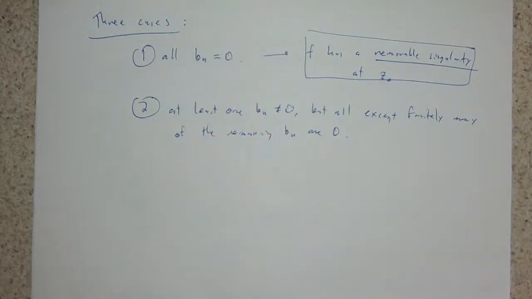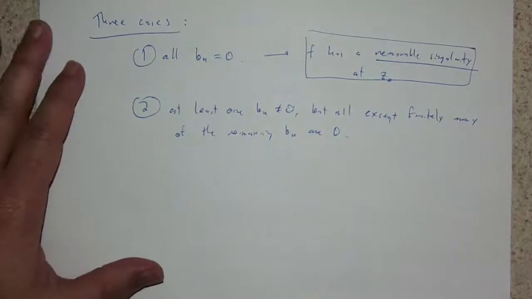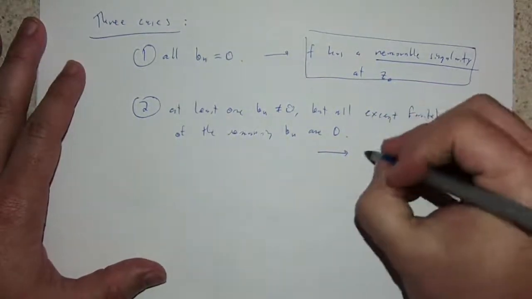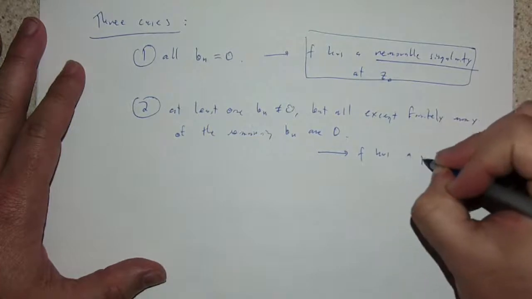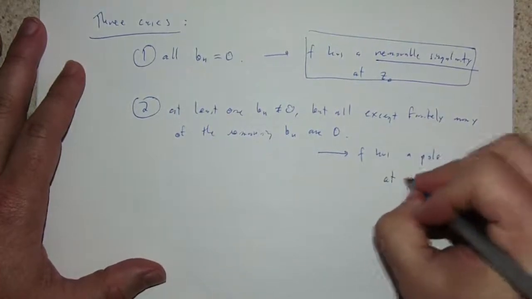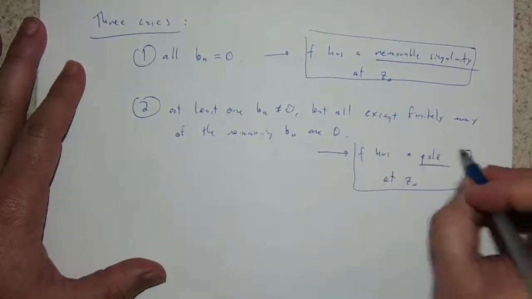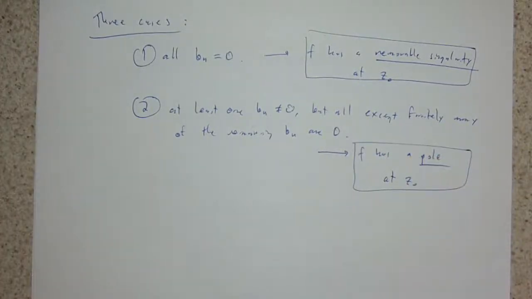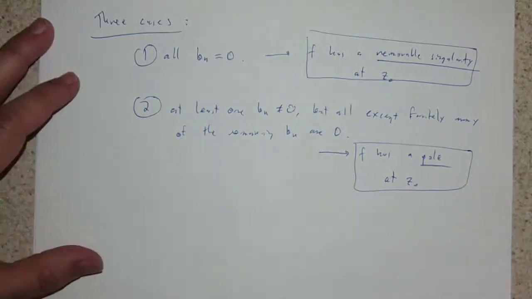The rest of them could be 0 or not, but if any others are not 0, there can only be finitely many such terms. The idea is that if you listed out all of these coefficients b sub n that are not 0, you would only have finitely many of those. In this case, f has a pole at z naught. We'll talk more about terminology here, because when we talk about a pole, we talk about the order of the pole as well.